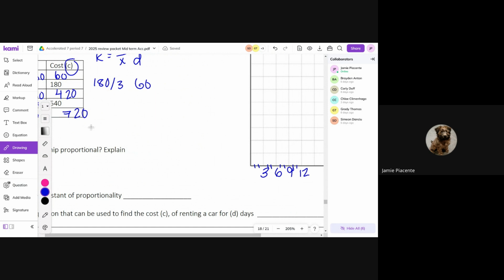Okay, this has to go up by 60. So 60 is right here. Then 120.